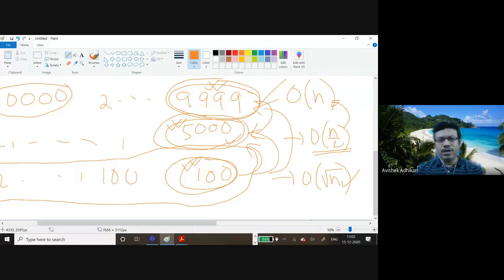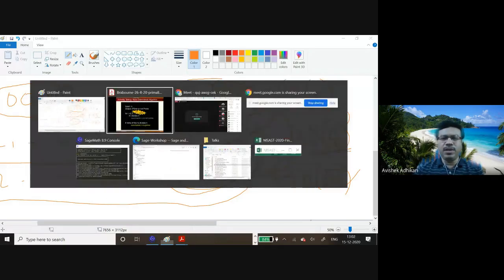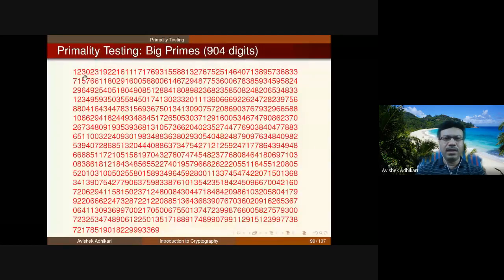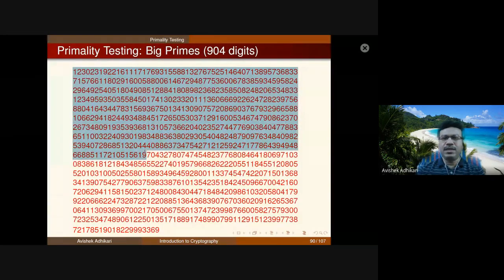But unfortunately, if your number is this big, then the square root of n would be around half of this many digits. It has around 904 digits, so maybe the square root will contain around 450 digits.